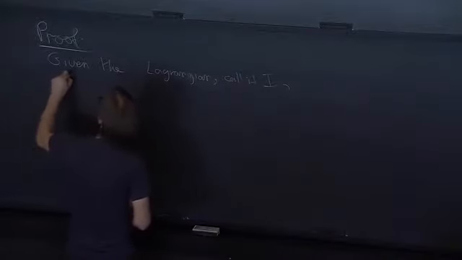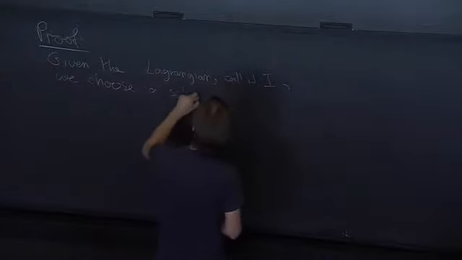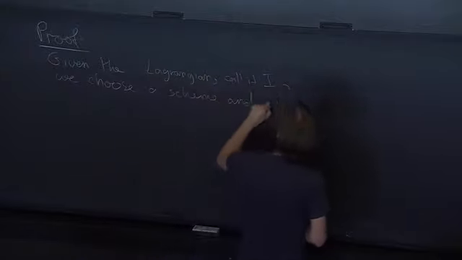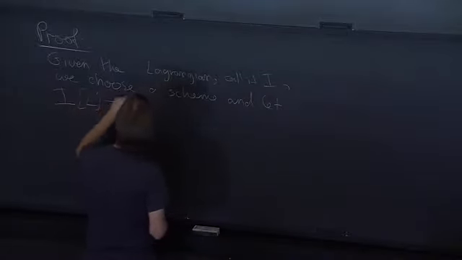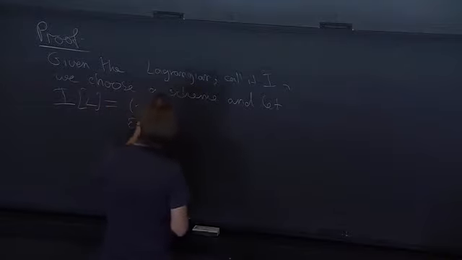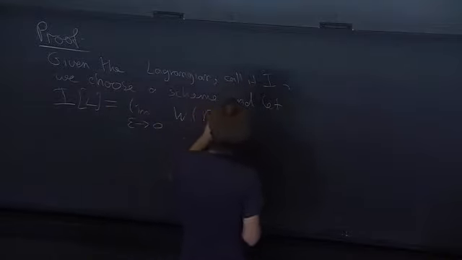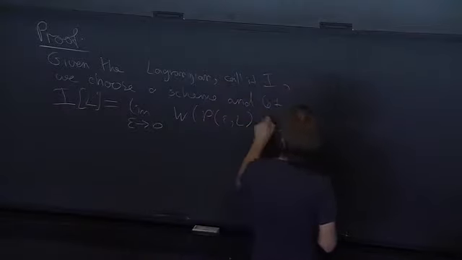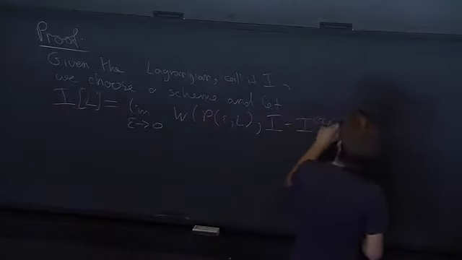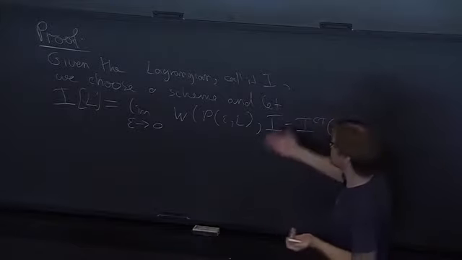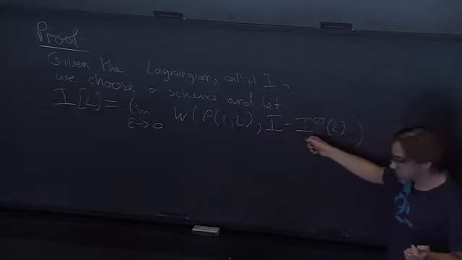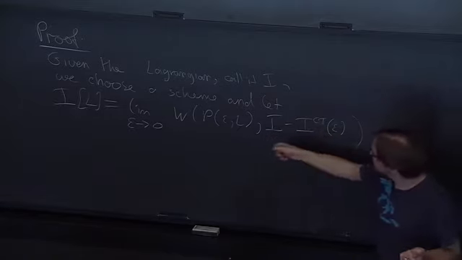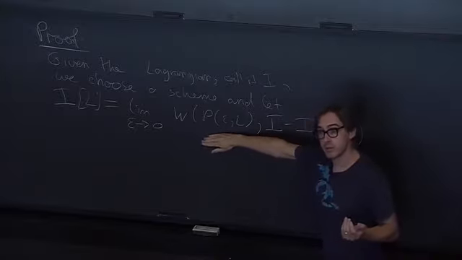We choose a scheme and let I of L be the limit. So we construct I of L by taking our Lagrangian, removing the counterterms, and then summing over all Feynman diagrams in the usual way.